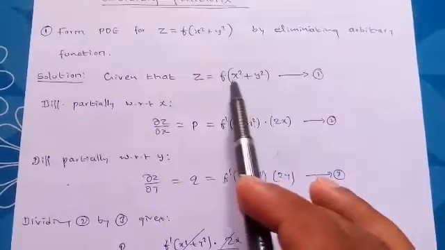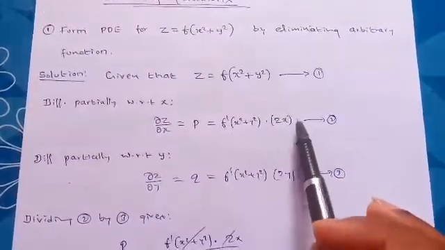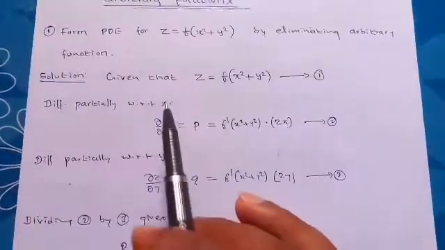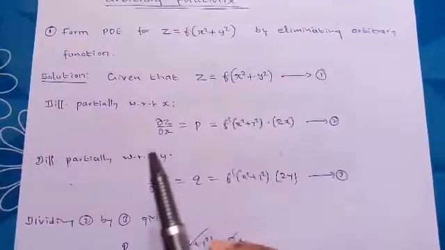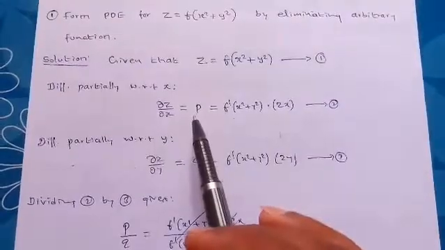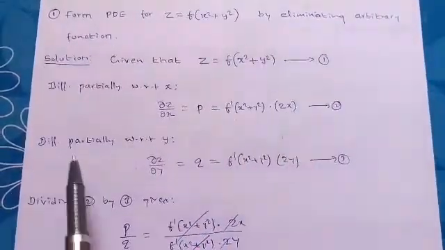We have to differentiate this term. X square derivative is 2x, y is constant, its derivative is 0, because while differentiating partially with respect to x, other variables are constants, and so we get p equals f dash of x square plus y square into 2x.